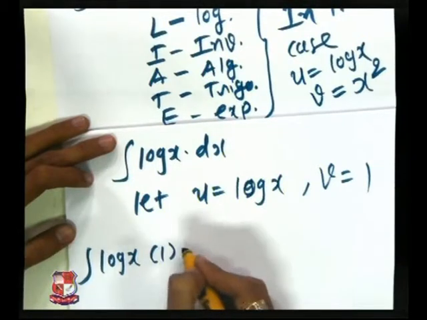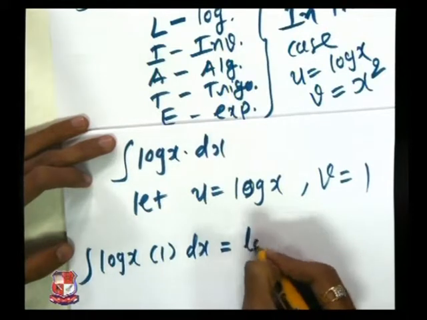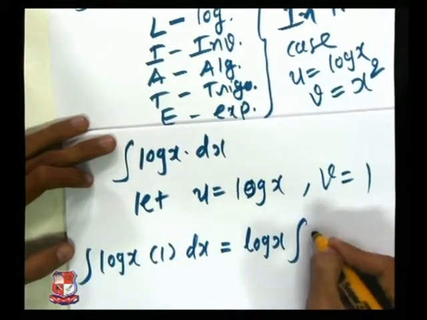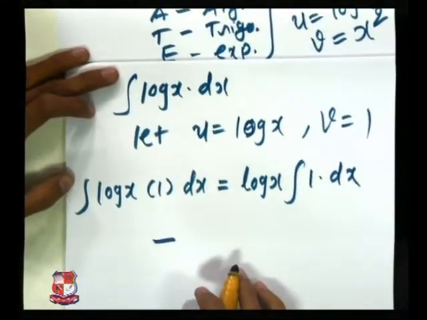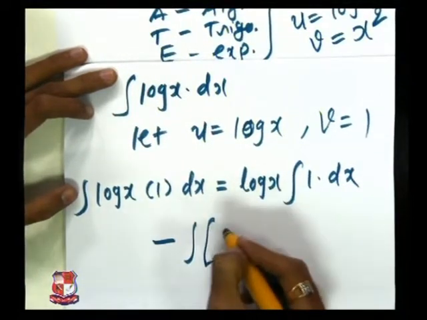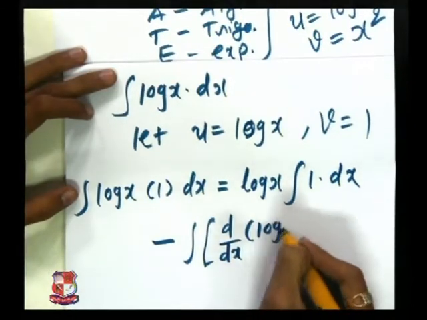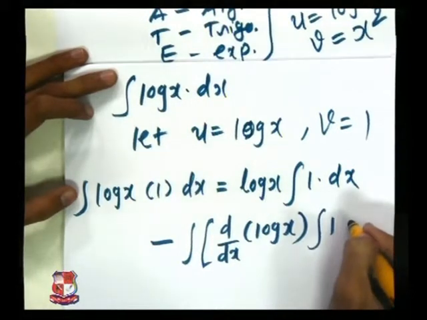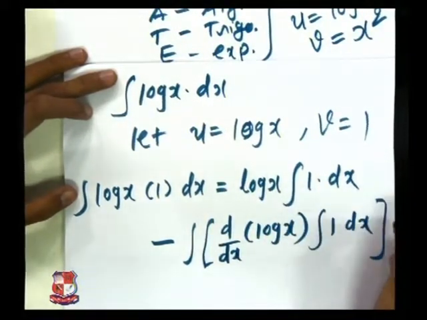Into 1 dx, that is equal to u, that means log x, integration v, that is integration 1 dx, minus integration of, into bracket, differentiation of log x, that is d by dx of log x, integration of 1 dx again into dx.